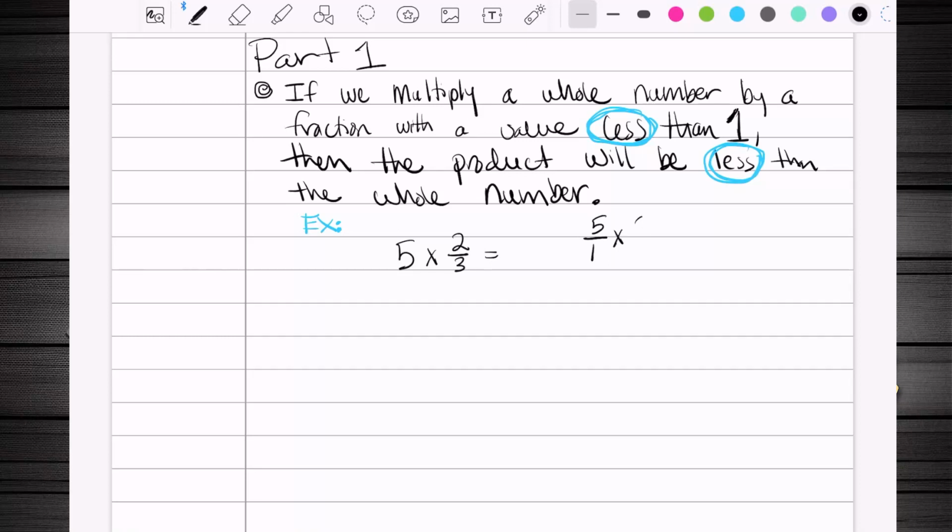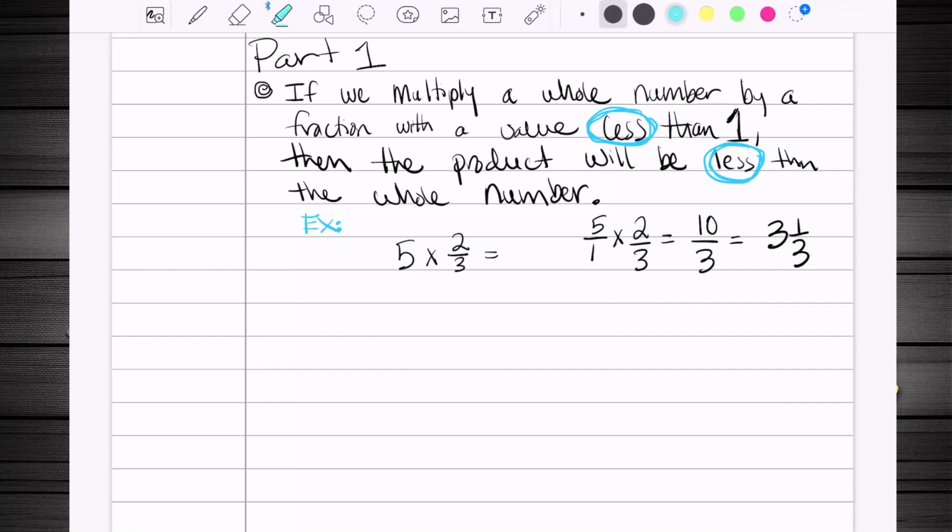I'm going to do standard algorithm multiplication. I'm going to put my whole number over 1 and then multiply straight across. 5 times 2 is 10, and 1 times 3 is 3. I know that when I reduce that down to a mixed number, the value is 3 1/3.